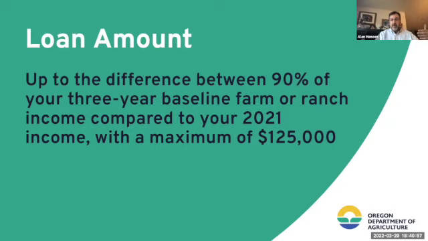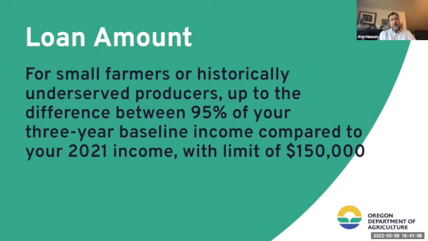I forgot which order I have these in, so I may have to back up a little bit. If you're a small farmer, which means your gross farm income is less than $350,000 in 2021, you qualify as a small farmer.